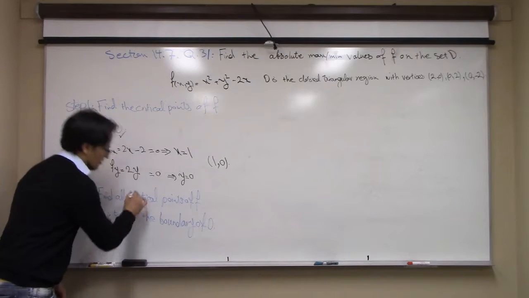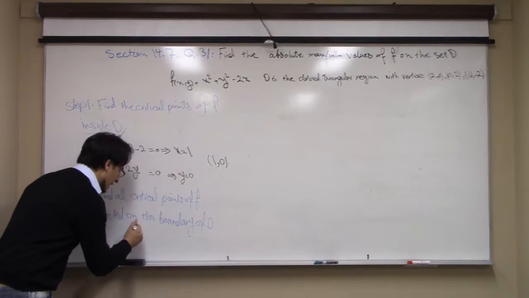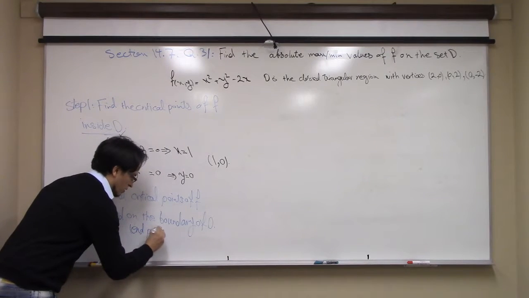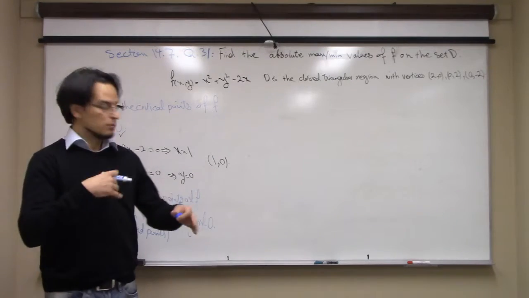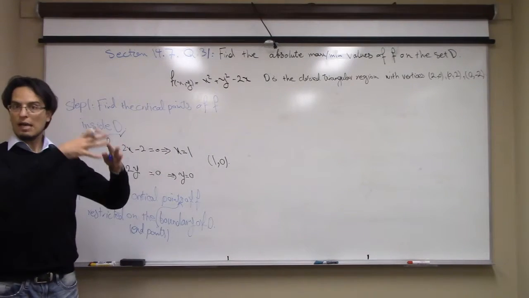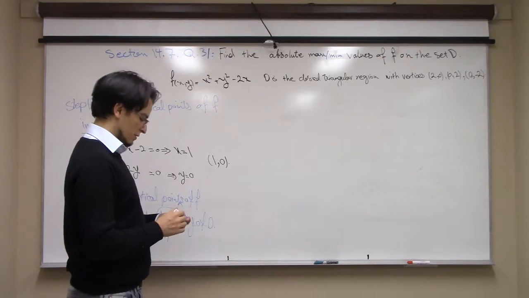I have to not only find critical points, I have to take endpoints for each piece also. And then out of those points, I have to find the max and min, and those are the absolute max and absolute min values of the function.